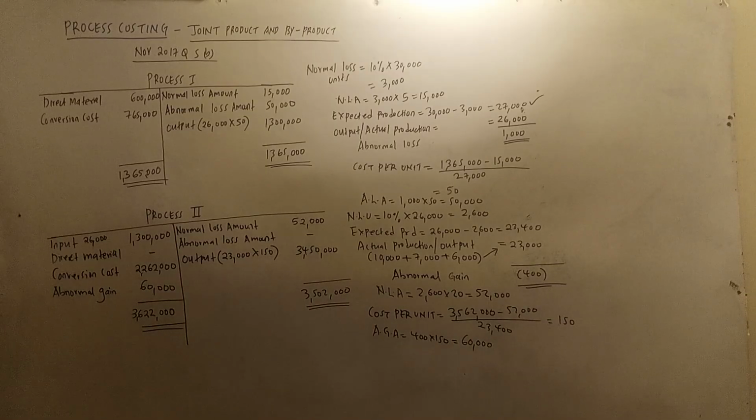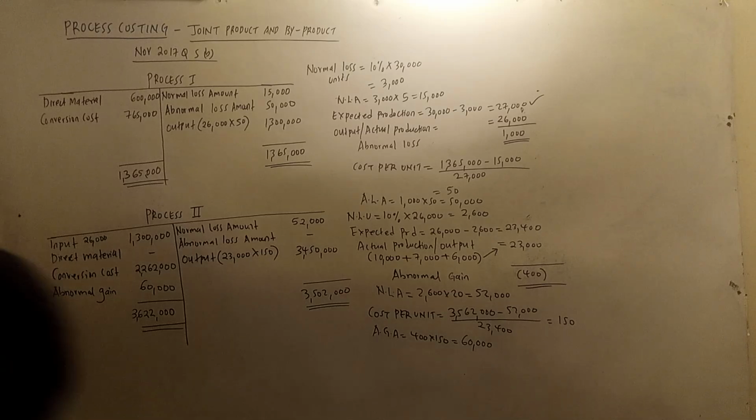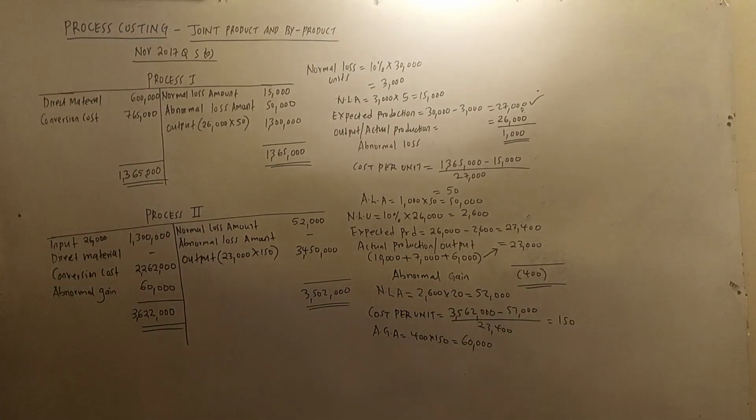Let us confirm this is correct. The rate was still the same, 10%. So 10% of 26,000, 0.1 times 26,000, that is 2,600.